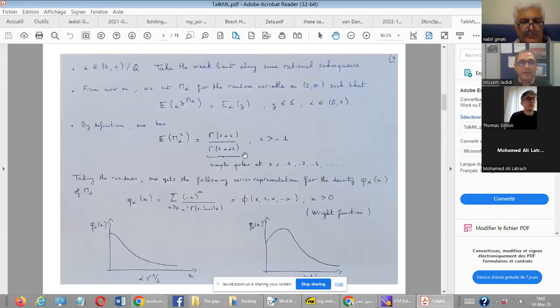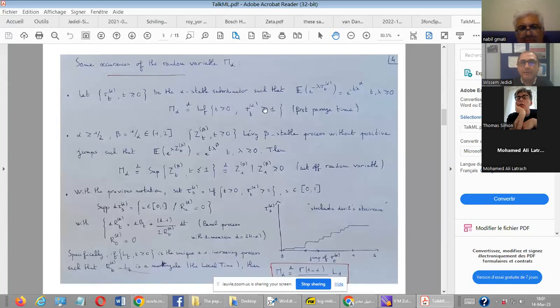At the very beginning, at the definition of the Mittag-Leffler random variable, I was wondering why you didn't notice immediately that M alpha corresponds to the power. Of course, yes. This is a way to build it. This is what I was mentioning when I was talking about Feller's paper.